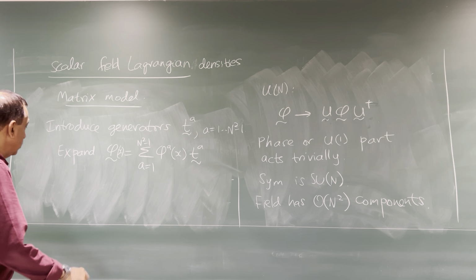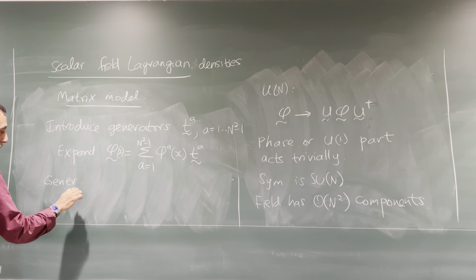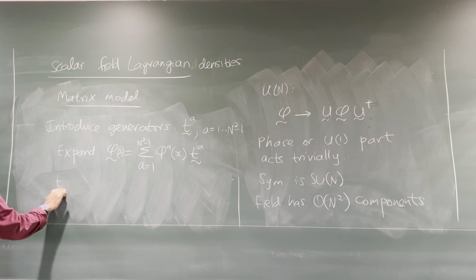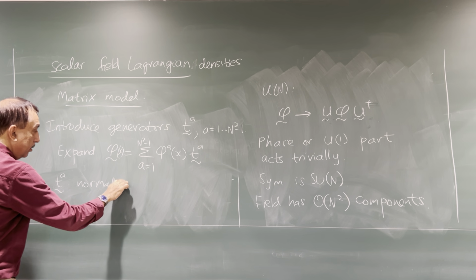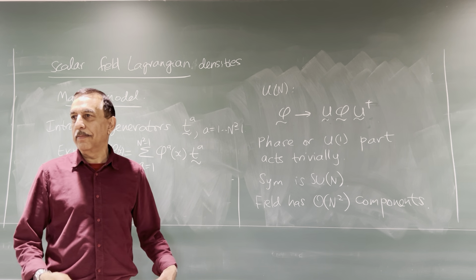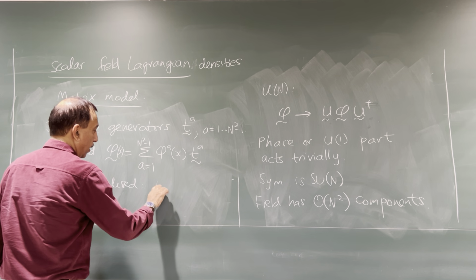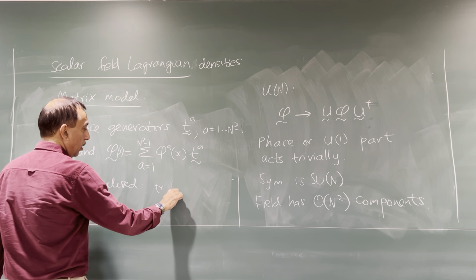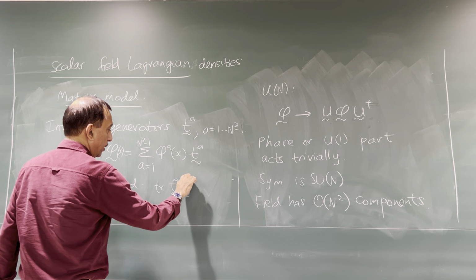That's done by noticing that the generators are normalized. If something is a generator of an algebra, then any number times that will also generate an algebra with a different normalization. So we better choose one, and the standard normalization is trace of T^A T^B.